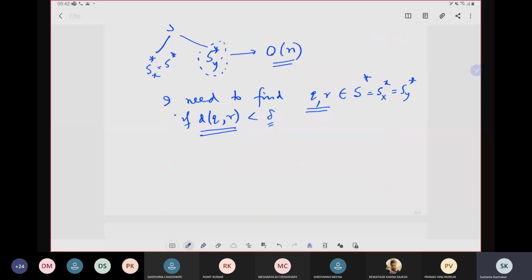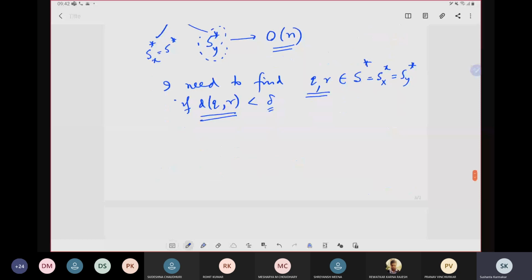To find such a closest pair Q and R, one may naively think that since there are order n points, I need to look at all possible pairs of points in S star, and then check if their distance is smaller than delta.